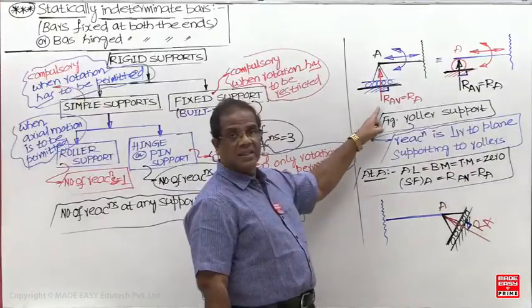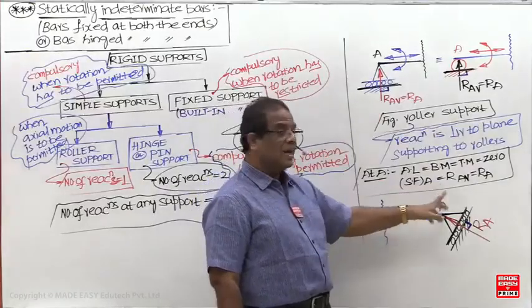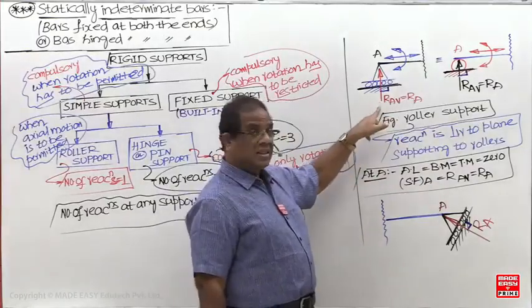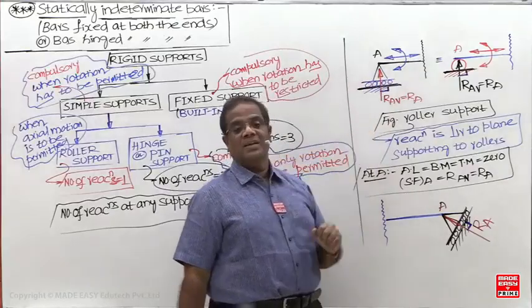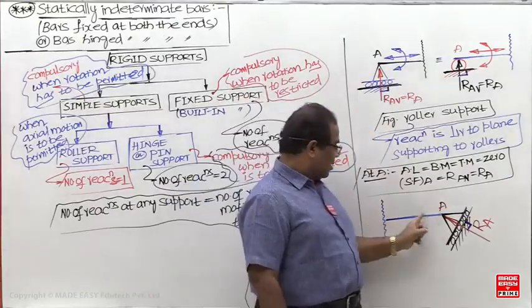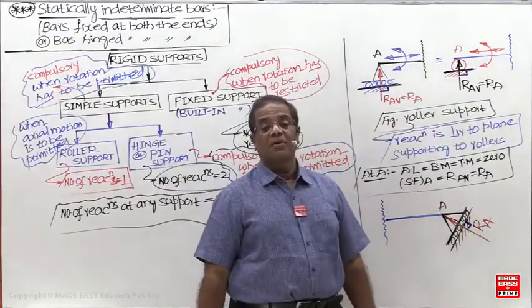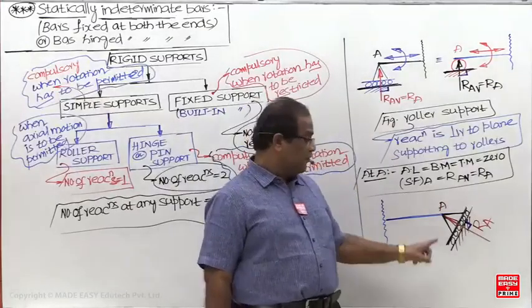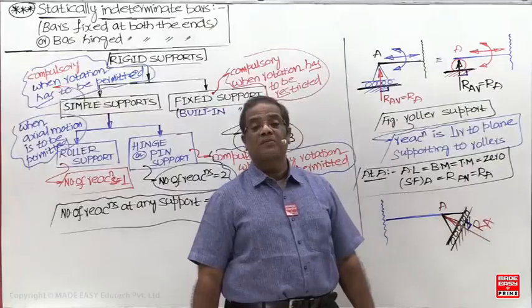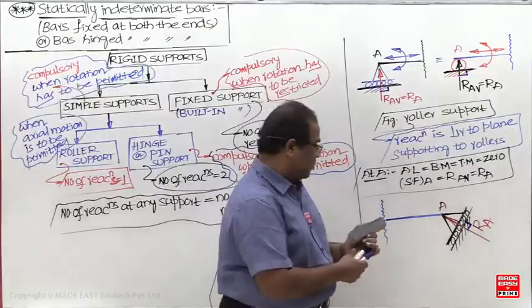But in the previous case, you are getting one reaction only, and for the beam this reaction becomes a vertical reaction. But here for the beam, this reaction becomes vertical or horizontal or what? Inclined. Then if you resolve it, how many components are going to be there? One horizontal and one vertical component.